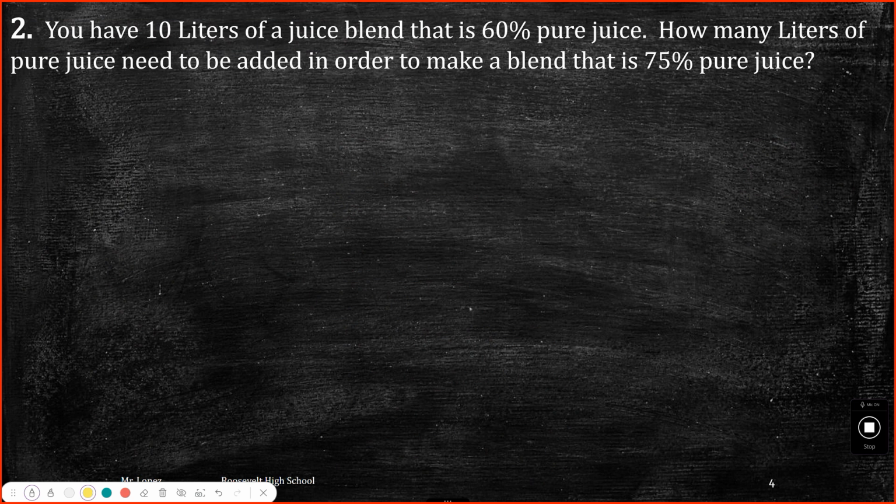I don't know if you guys have taken chemistry or are taking chemistry, but in chemistry class they would ask you about mixing solutions to create new solutions. So problem number 2: you have 10 liters of a juice blend that is 60% pure juice. How many liters of pure juice need to be added in order to make a blend that is 75% pure juice?